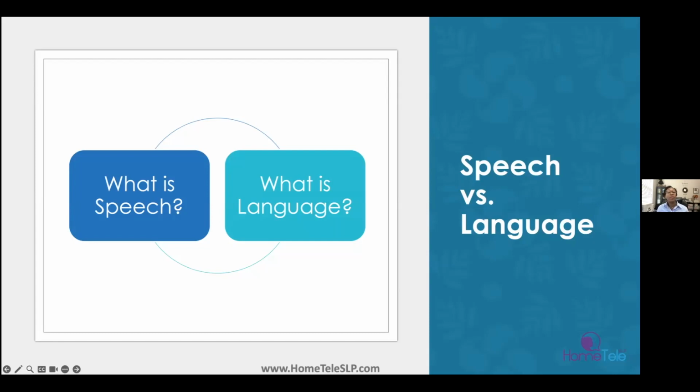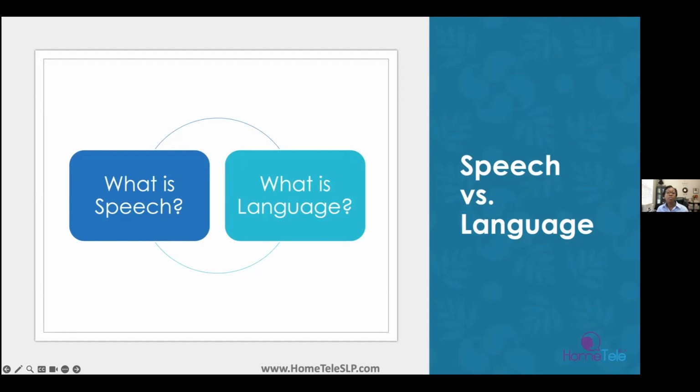Language, on the other hand, is different because it involves the words that we use, how we share ideas and get what we want. A person with a language disorder may have problems with understanding spoken language or even language that they're reading that's in print, talking with others and having conversational speech. So think of social skills. Perhaps there's a processing disorder that impacts their ability to communicate effectively.